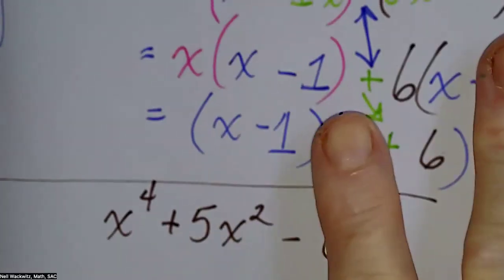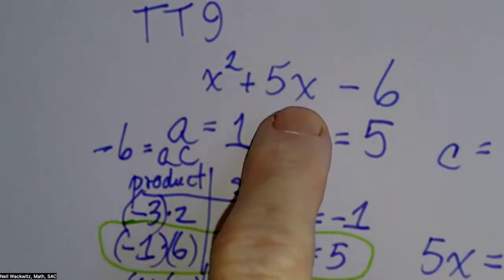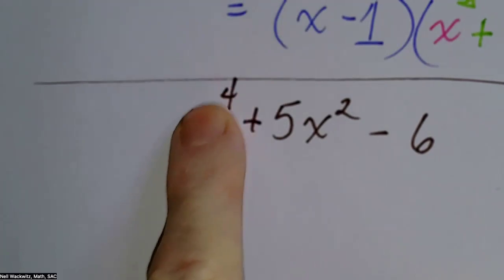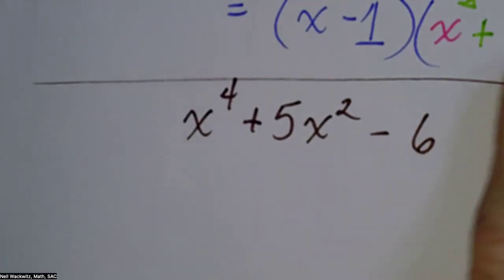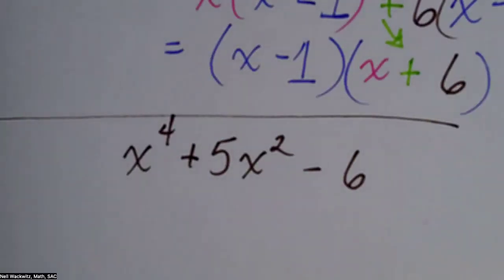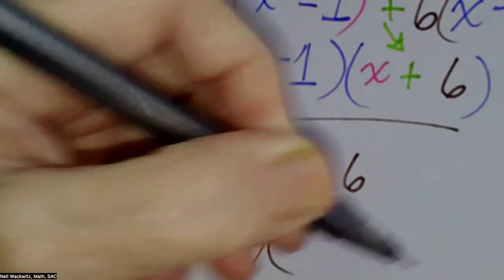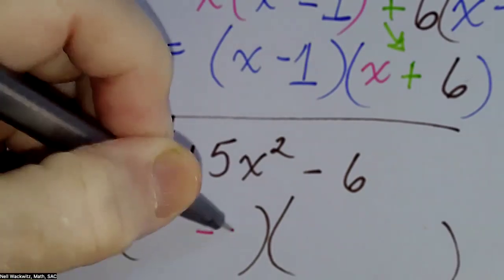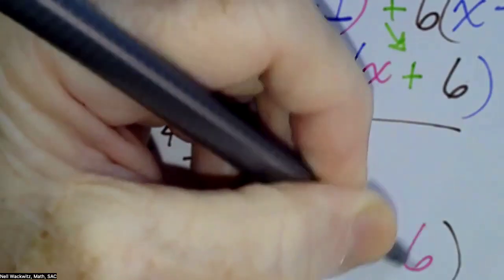If we changed our original question, x squared plus 5x minus 6, to x to the fourth plus 5x squared minus 6, will the end factors still be a -1 and a +6?